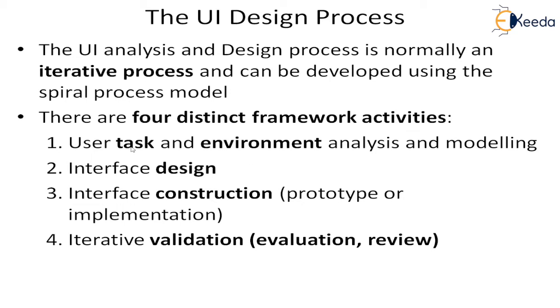The first one is the user task and environment analysis and its modeling. Then the actual design. Then the construction or prototype implementation, not the actual construction of the software. And then iterative validation, because this is happening iteratively, so the validation also happens many times. It includes evaluation as well as review.